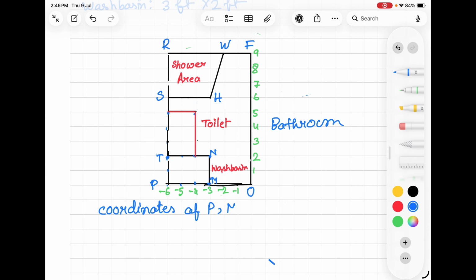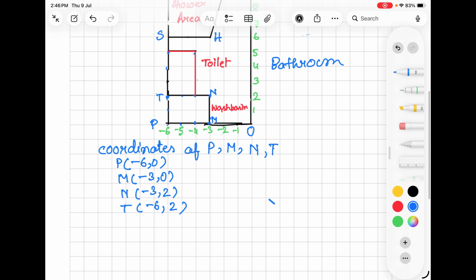P, M, N and T. Write down their coordinates. P is -6, 0, M -3, 0, N -3, 2 and T -6, 2. They are the coordinates of the four corners of the wash basin.